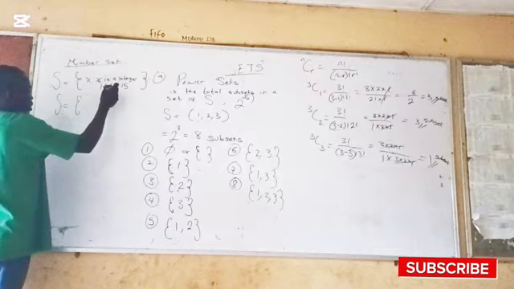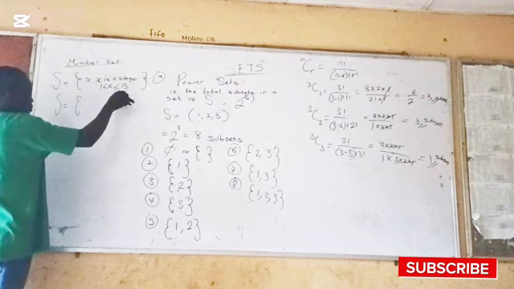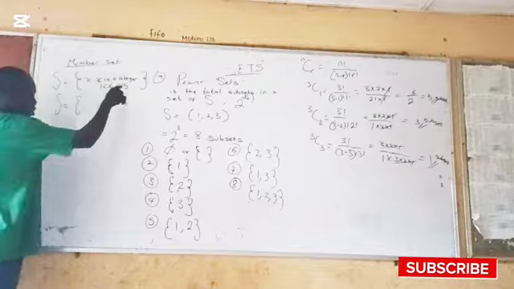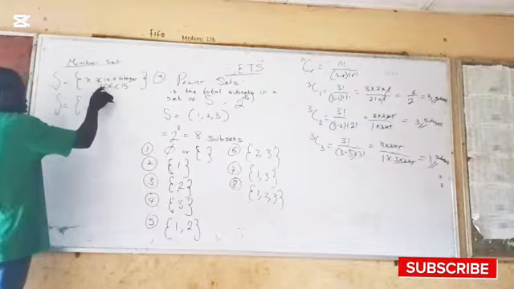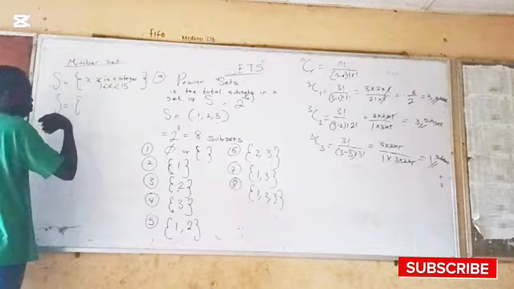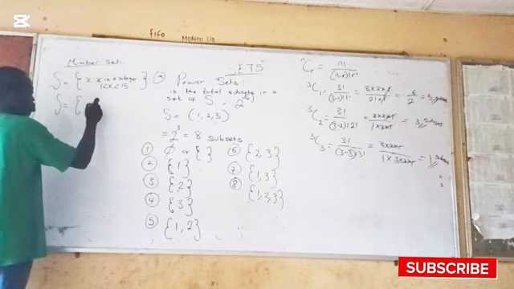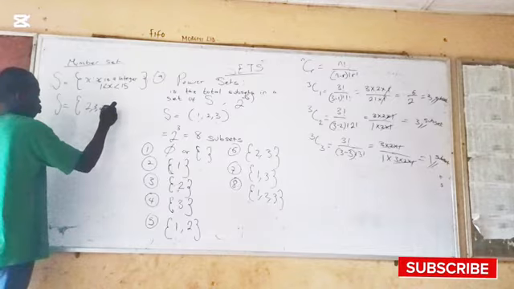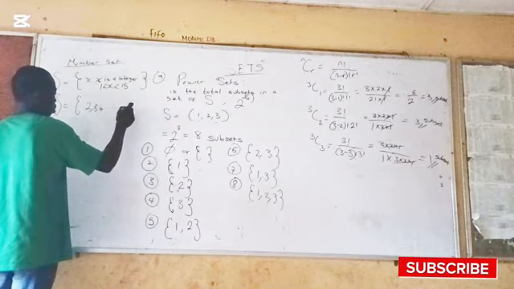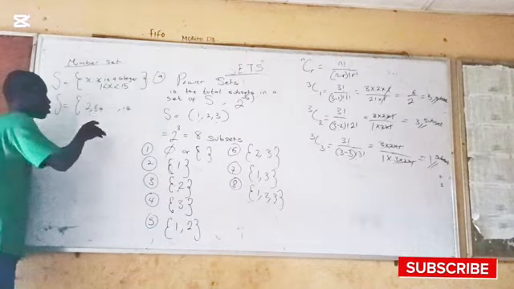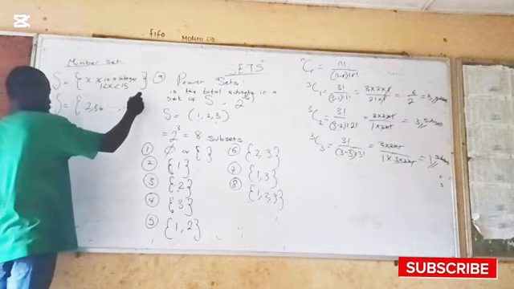Or for instance, if there is an equals to, you are going to end at 15. But if there is not an equals to, you are not going to end at 15. And also, you are not going to start from 1. You are going to start from the next number, which is 2. So it will be 2, 3, 4, and so on, up to 14. And you don't stop at 15 because you don't have an equals to sign.